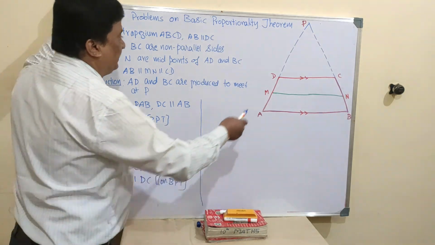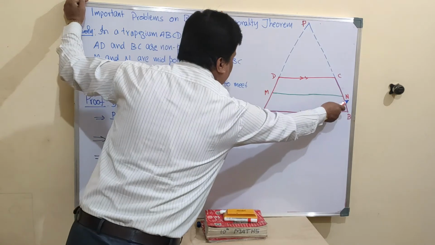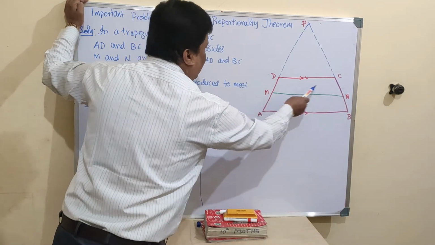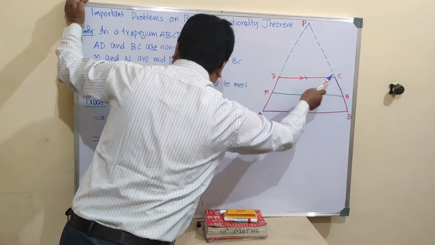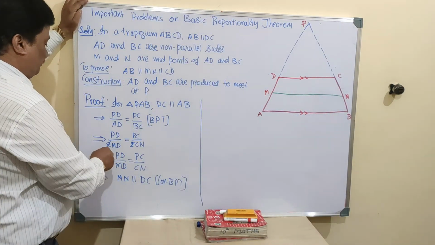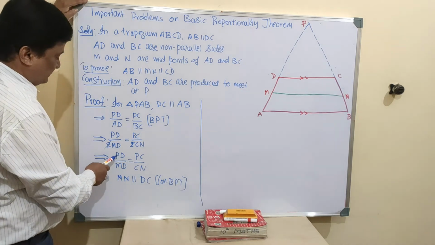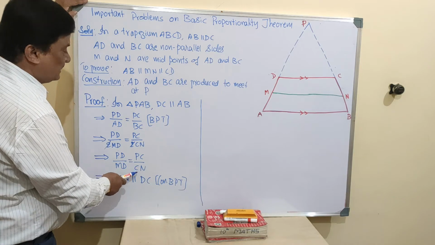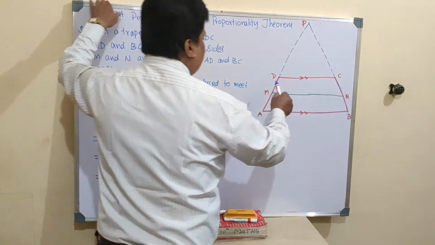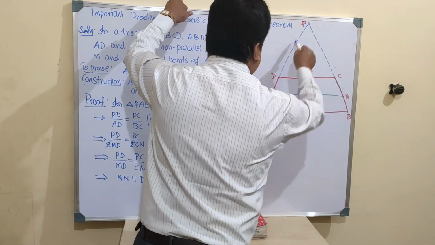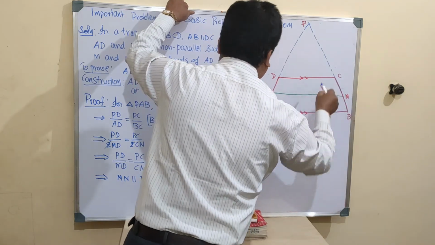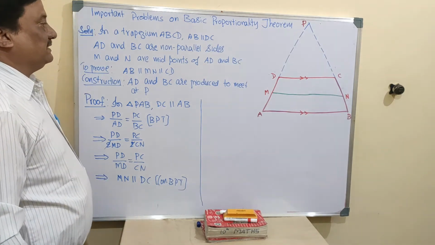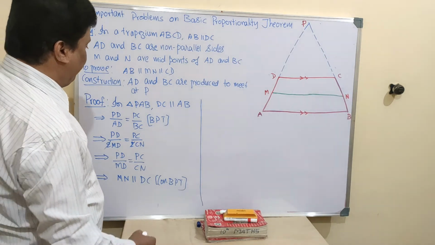But M and N are the midpoints. So for AD we can write 2 times MD, and for BC we can write 2 times CN. So if 2 get cancelled, then there remains PD by MD is equal to PC by CN. It means DC divides PM and PN in the same ratio. Therefore, MN is parallel to DC, or DC is parallel to MN.